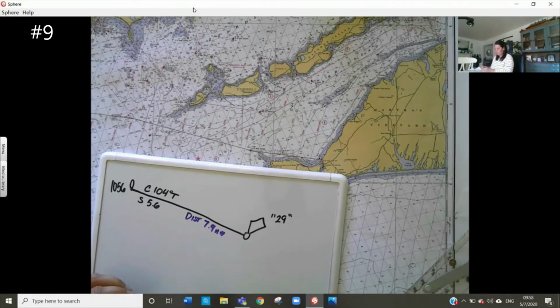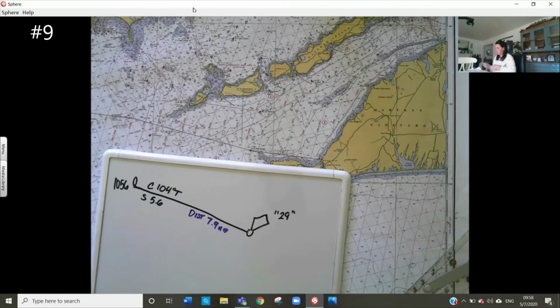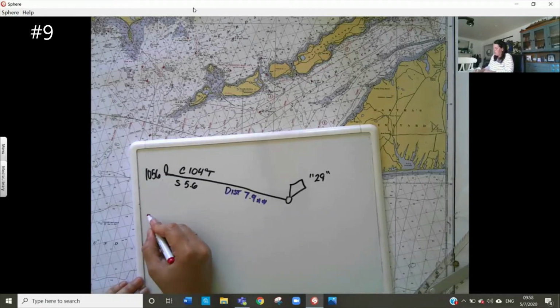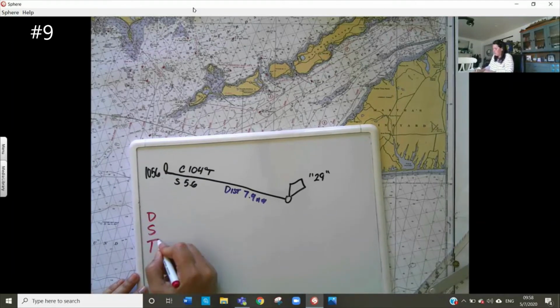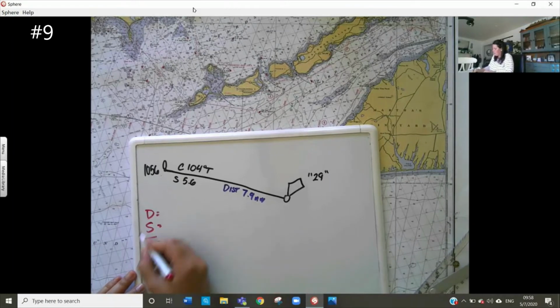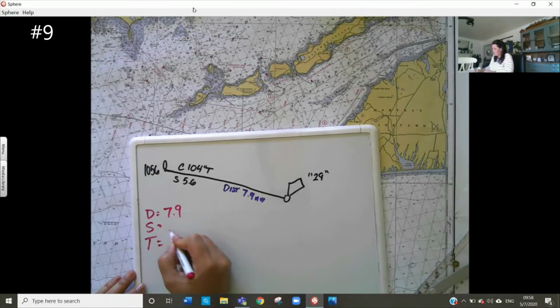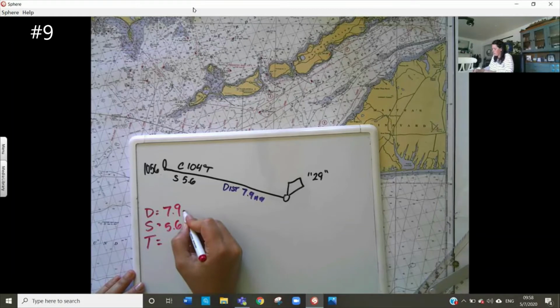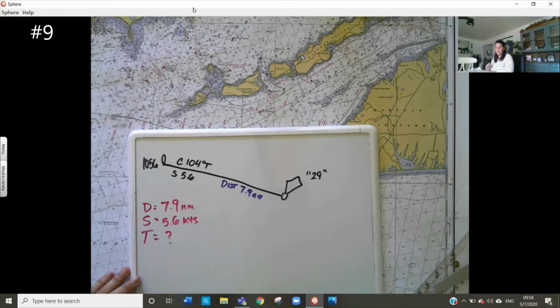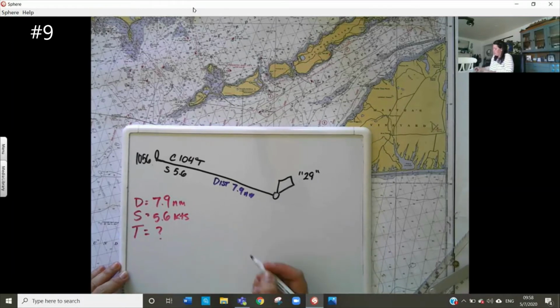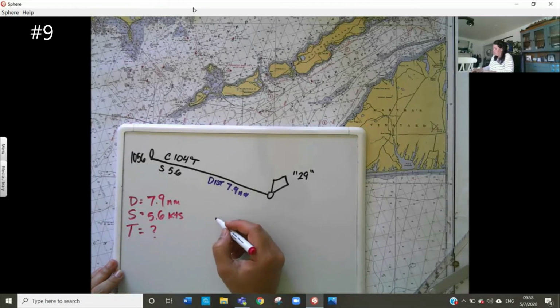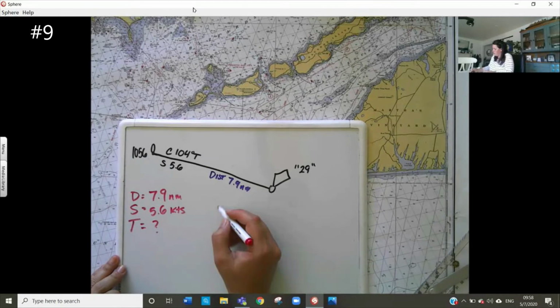I need distance, speed, time. My distance was 7.9. My speed was 5.6. What is my time? I'm going to do the magic circle. I know it doesn't look like a circle.